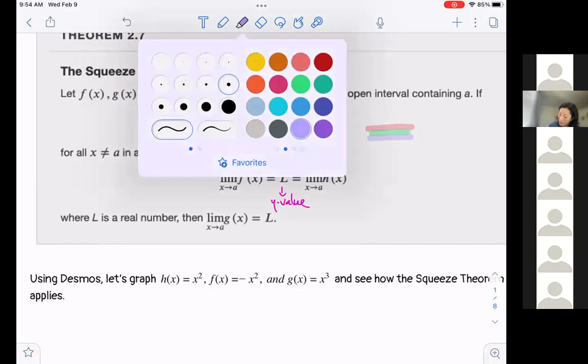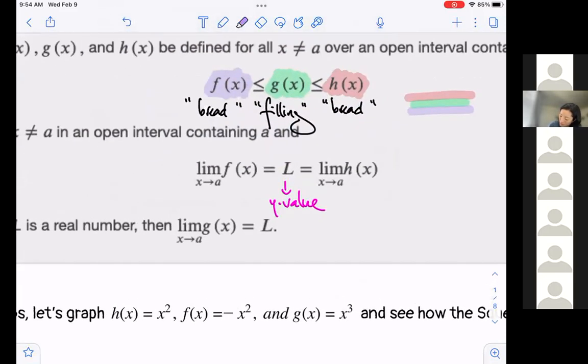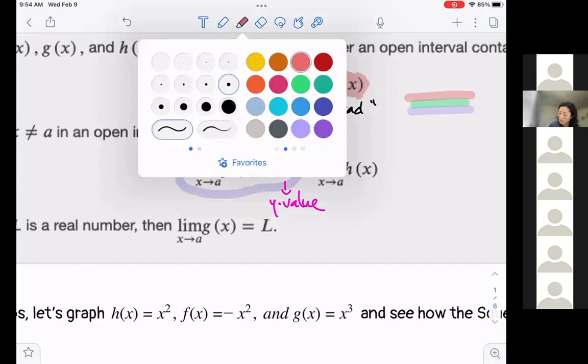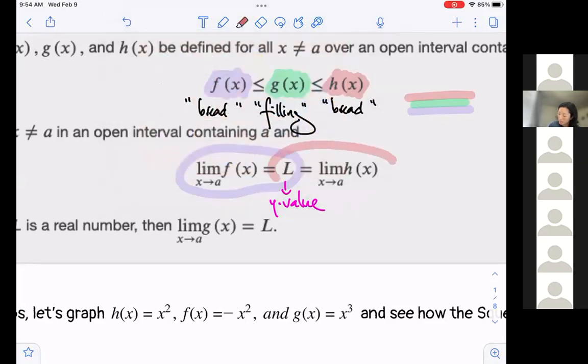This left-hand side means that the bottom bread, or function, gets close to a Y value of L, whereas this tells us that the top function gets close to a Y value of L.